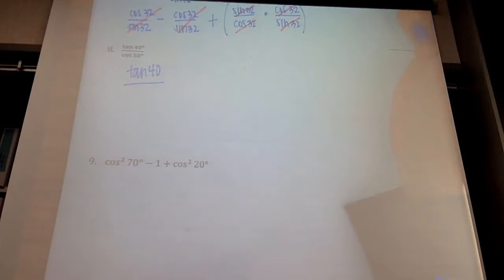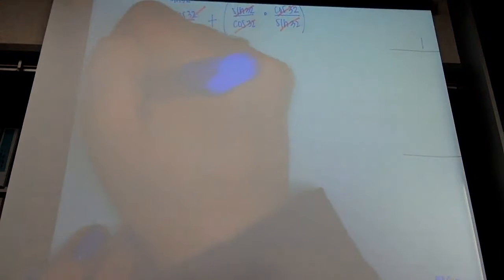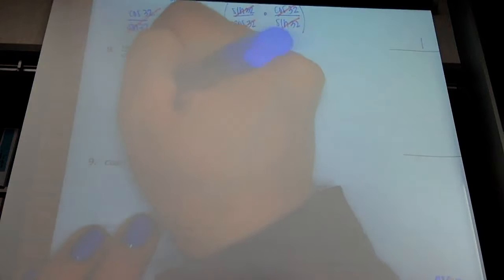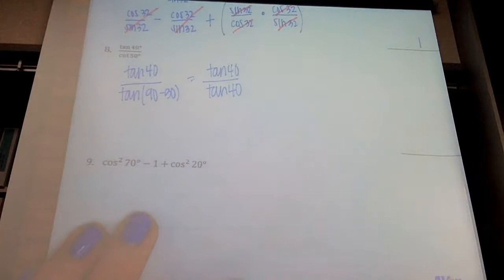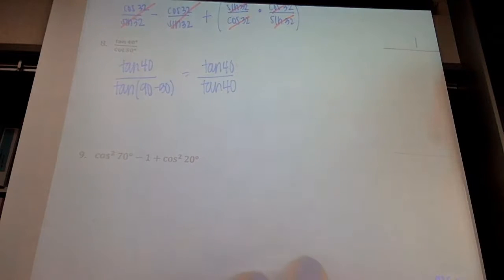So cotangent, if I'm going to use the complementary angles theorem, cotangent goes with tangent, and 90 minus 50. So that gets me tangent 40 over tangent 40. Anything over itself equals 1. So another 1 there.